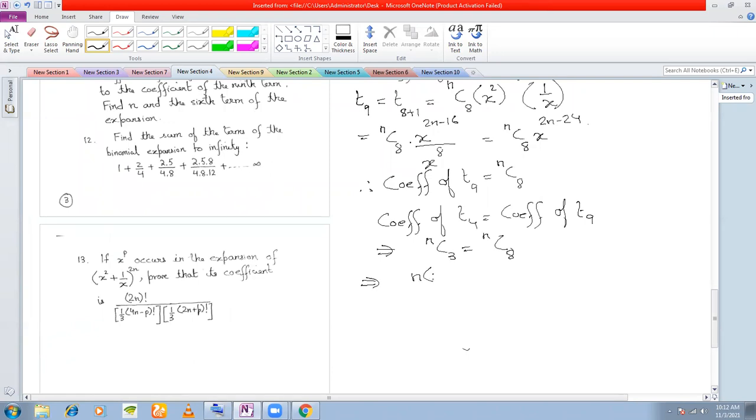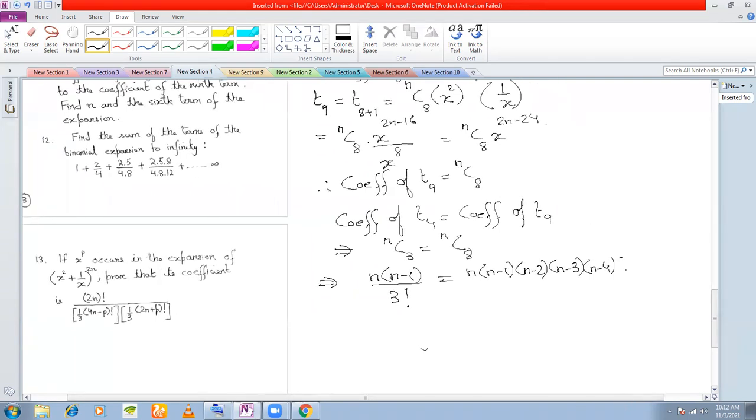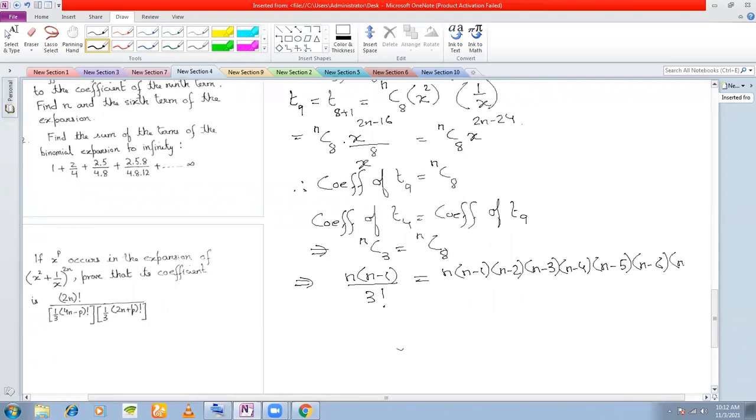You write this as n into n minus 1 by factorial 3. And you write this as n into n minus 1, n minus 2, n minus 3, n minus 4, n minus 5, n minus 6, and finally n minus 7, divided by factorial 8, right?